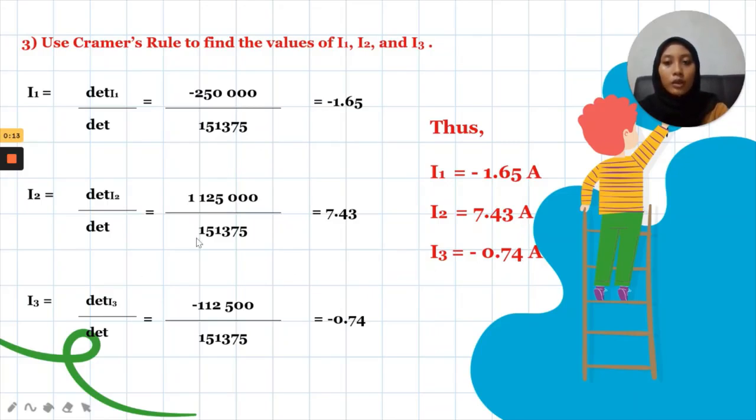It goes the same for the rest, but we change this to determinant I2 and determinant I3 from the answers that we get. That's all for me. Thank you.